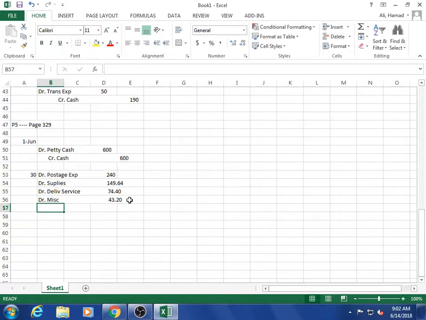So now we need the money. How much money do we need to replenish this amount? Remember, they have check number 1577. We're going to credit cash for how much? Add those. $507.24. Yes.